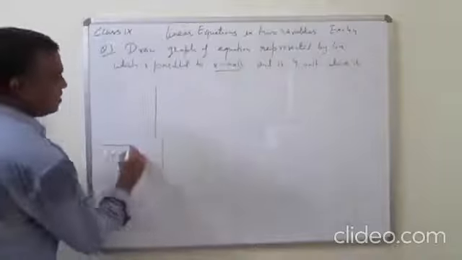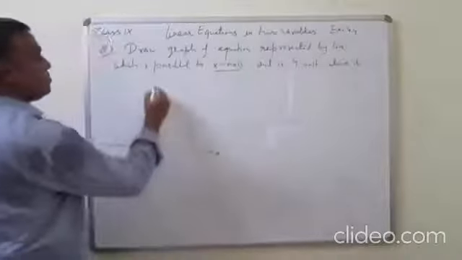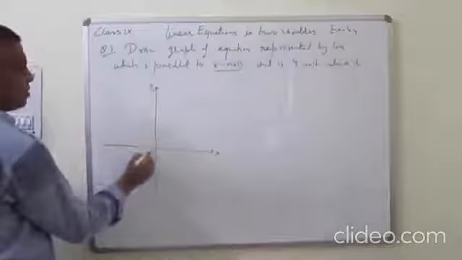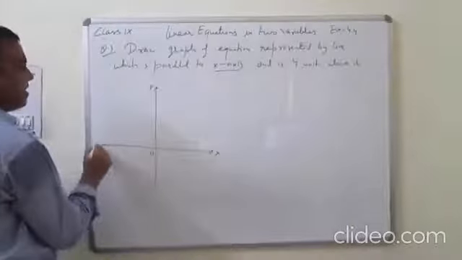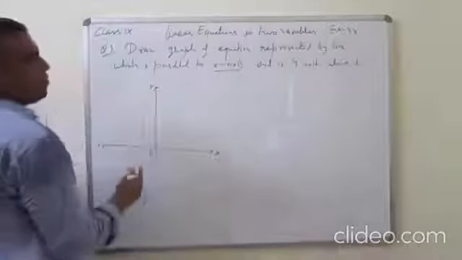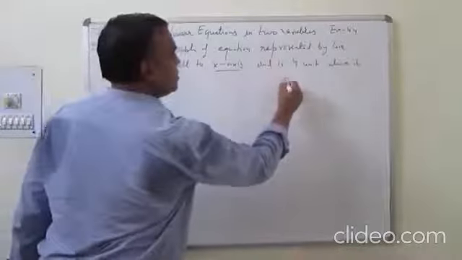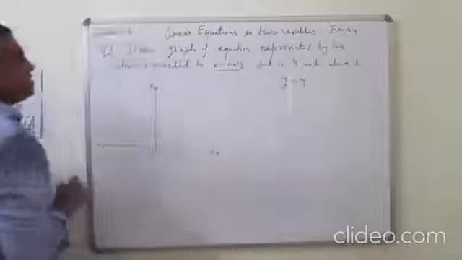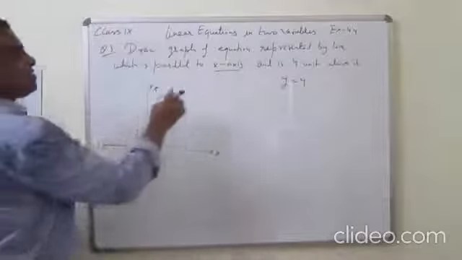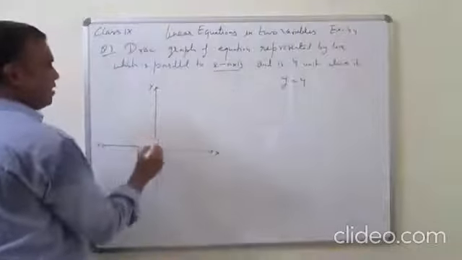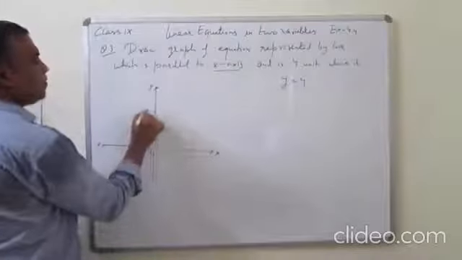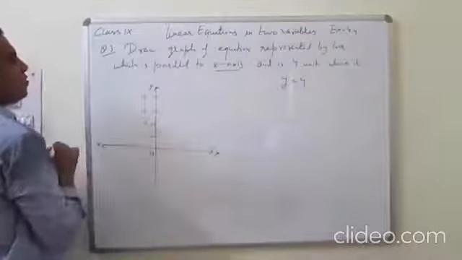So this is a Cartesian plane, x, y, origin, x dash. The line is 4 unit above it, parallel to x axis. Parallel to x axis is y0. So it is 1, 2, 3, 4.